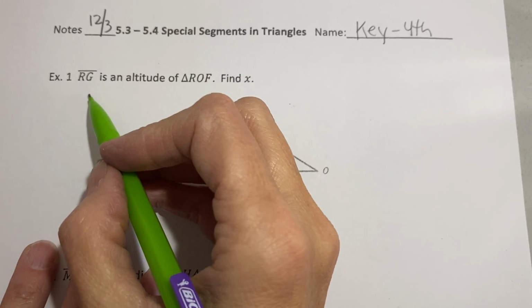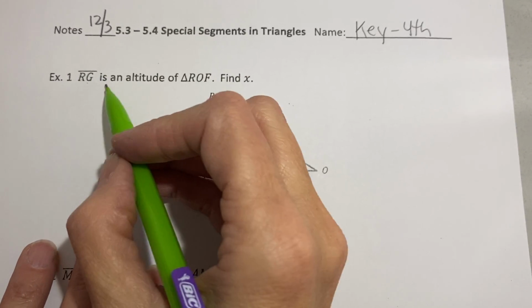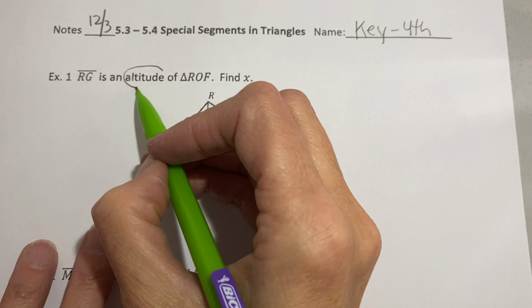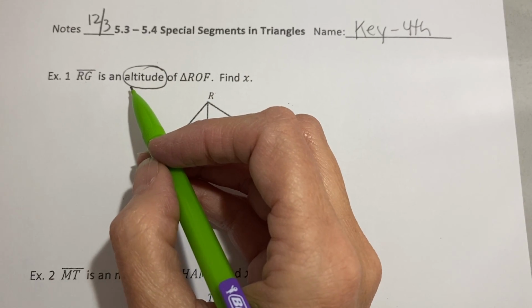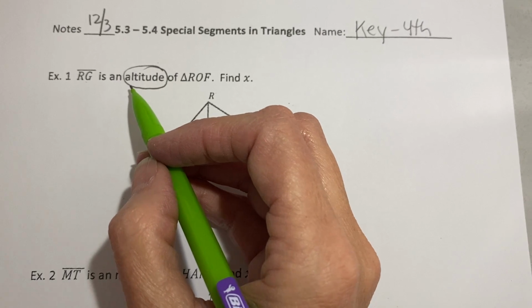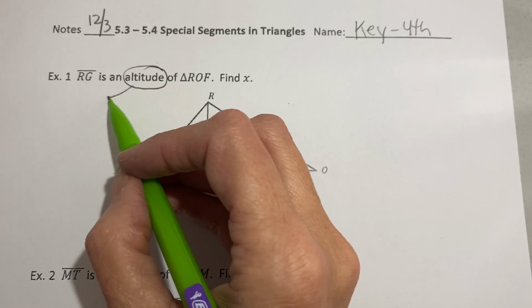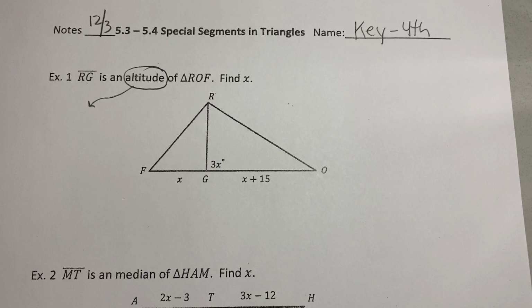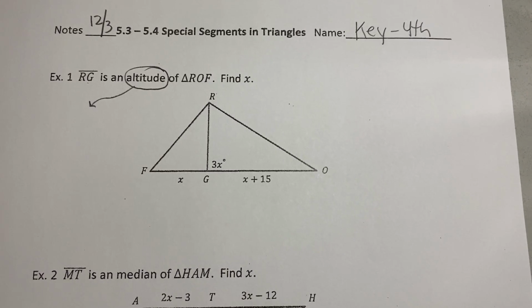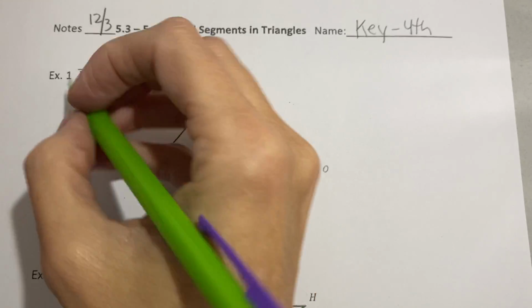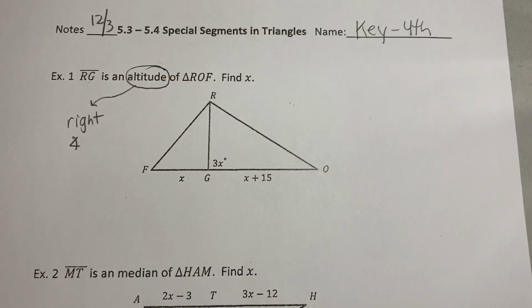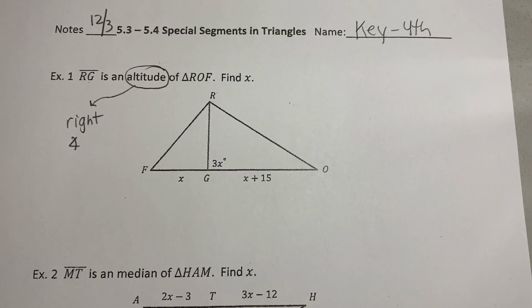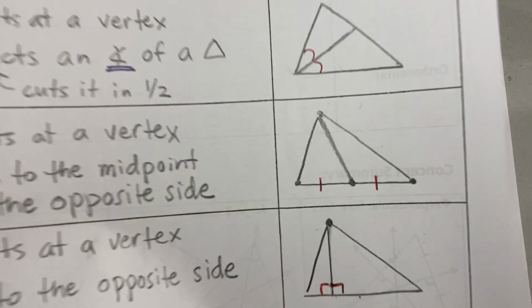It says segment RG is an altitude. Here's the word altitude. So you need to know what you should mark if you were given an altitude. And an altitude starts at a vertex and drops straight down and gives you a right angle. So when you see the word altitude, this is what it gives you. It gives you a right angle. And you can tell that from this picture right here.